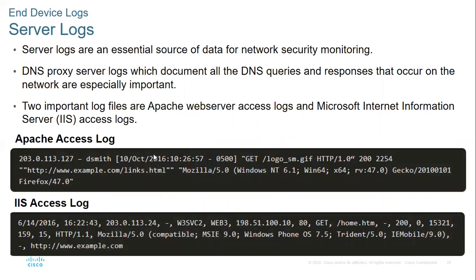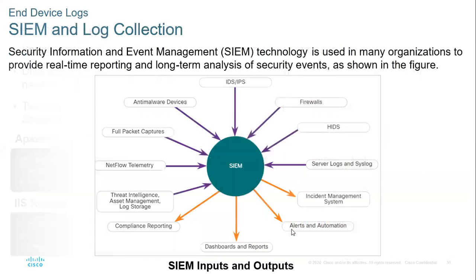So of course you can see we have the dash, dsmith, the date, the method which was used, and what was accessed. This deals with the browser which was used by the attacker, and so on.